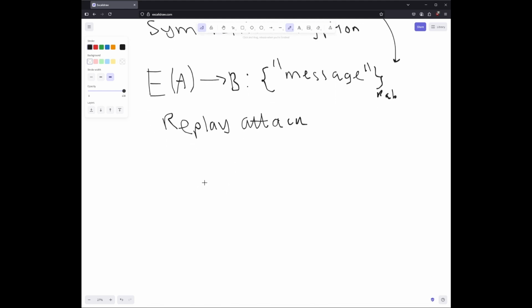So how can we actually solve this issue? Well, there is actually a way. We can use nonces. Nonces are numbers that are only used once. They're unique numbers, right?